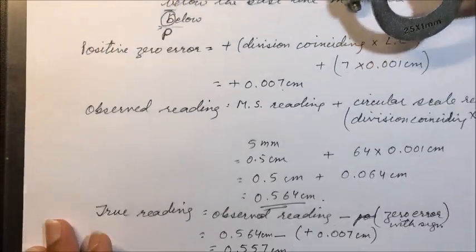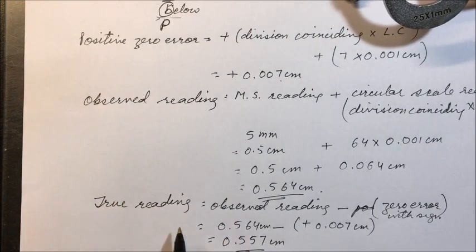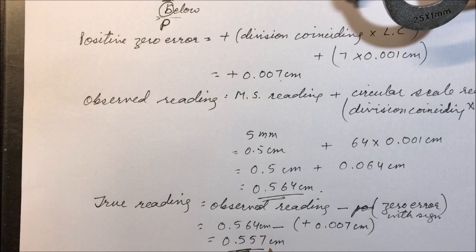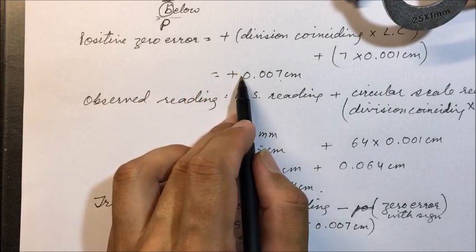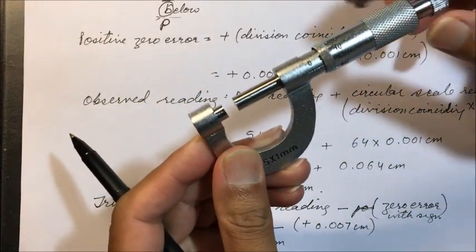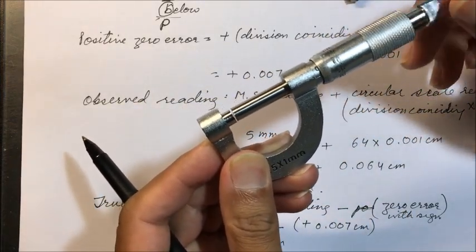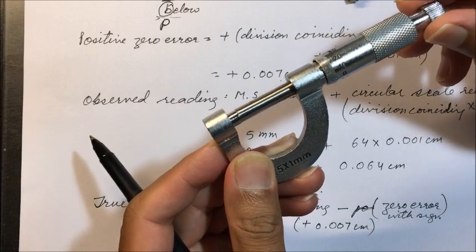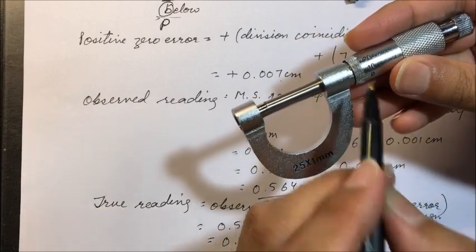So our true reading was 0.557 centimeter, and when the instrument is having zero error, we subtracted the zero error and got the true reading. The observed reading was more as compared to the true reading when we are having positive zero error, since the instrument is already giving some reading.